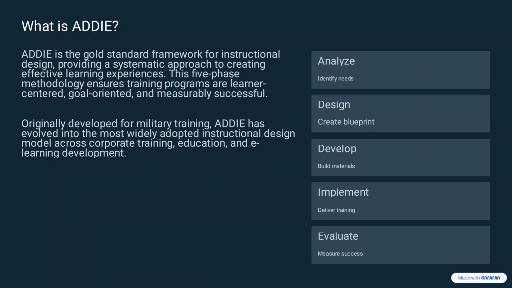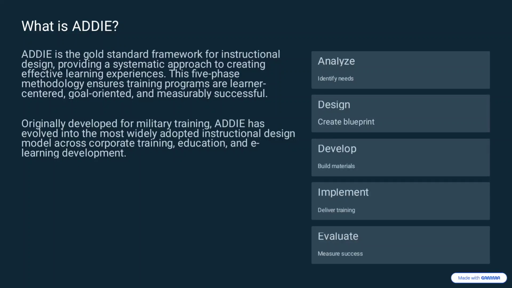The first phase is the analysis phase. In this phase, needs are identified, and the second phase is design. In this phase, the content, the blueprint, and SLOs are created.